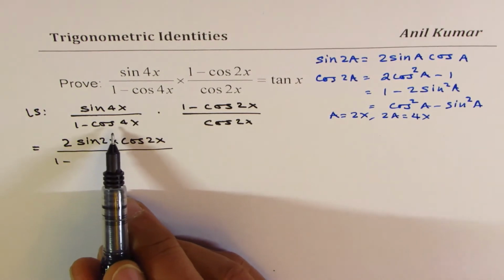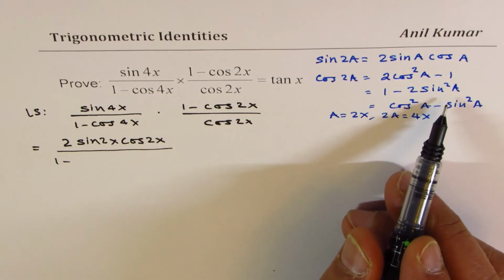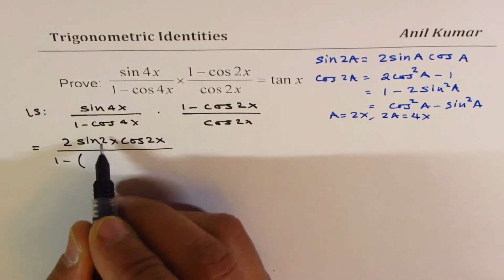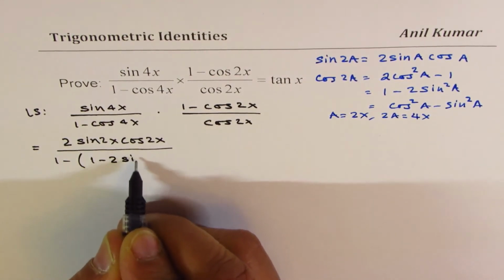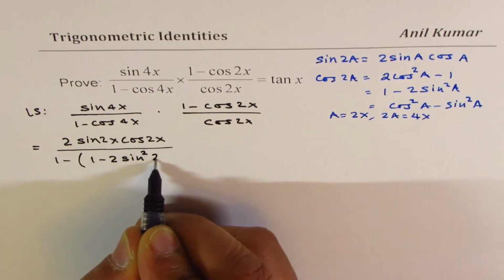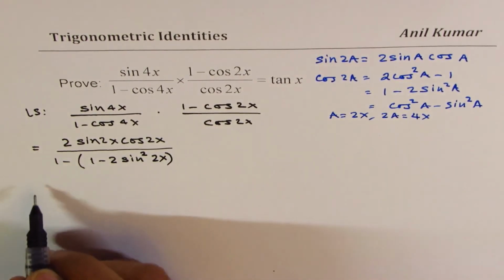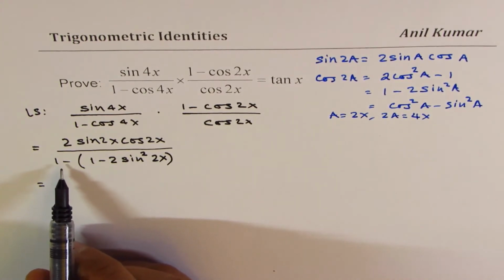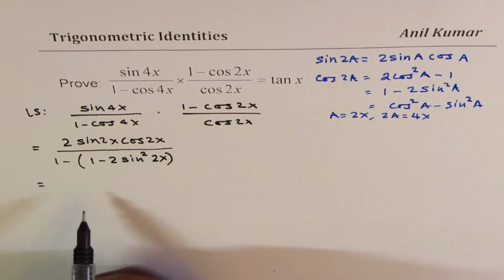So that encourages me to use the 1 minus 2 sine square a formula. So cos 4x, I'll write as 1 minus 2 sine square 2x. You get an idea, right? So basically, I'm going to cancel 1 minus this term, so I get this 2 sine square a.